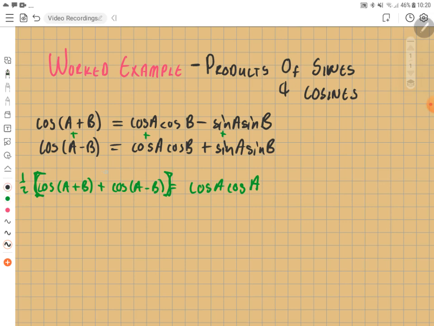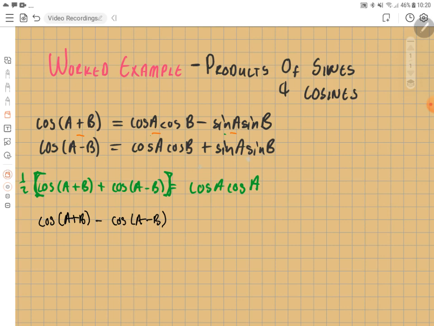For the other one, we know that now we are putting a minus. If we put a minus, we would have cos(A+B) minus cos(A-B). Let's see what this becomes. The cos A cos B part will go, but we have negative sine A sine B, and then minus, plus is minus.